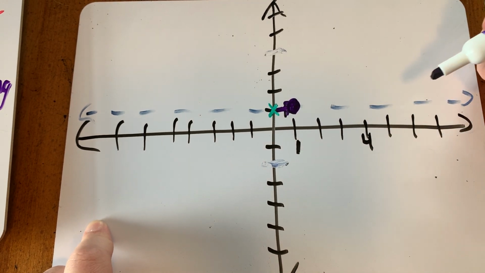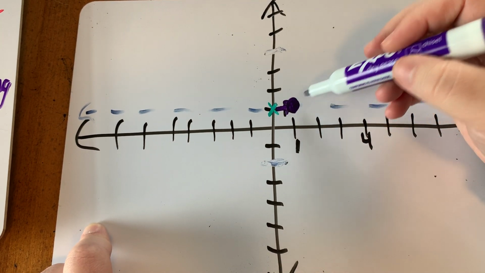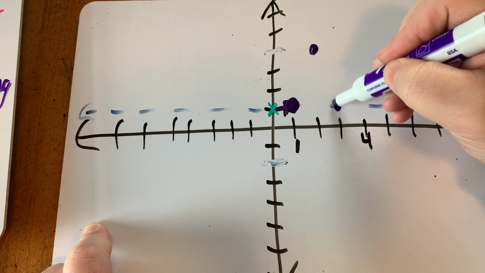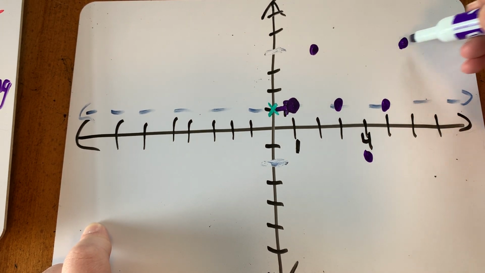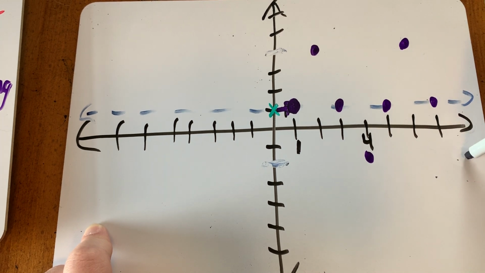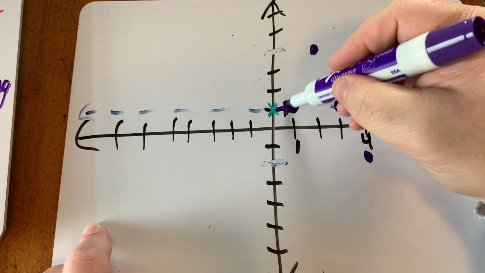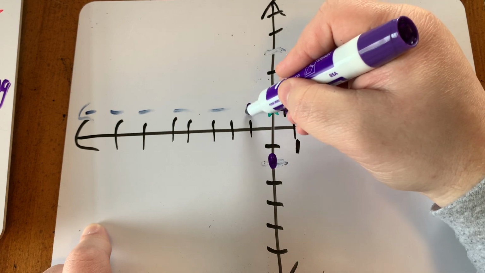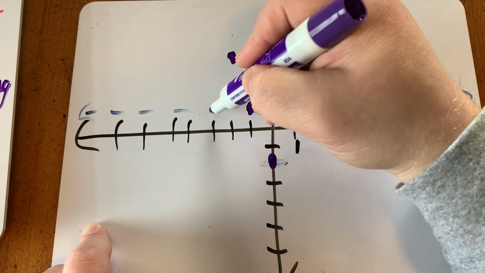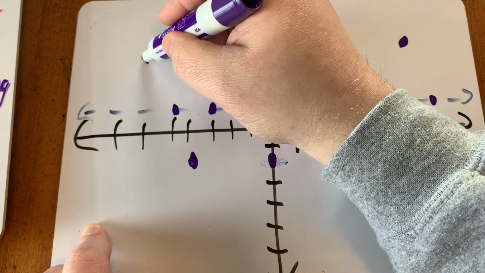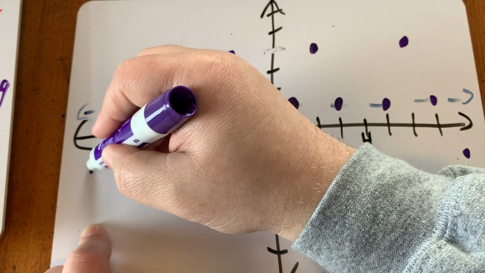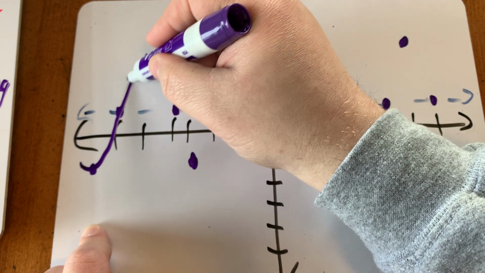And this is where we can start our pattern. Axis, maximum, axis, minimum, axis, maximum, axis, minimum, and then going backwards, axis, minimum, axis, maximum, axis, minimum. So we get our curve.